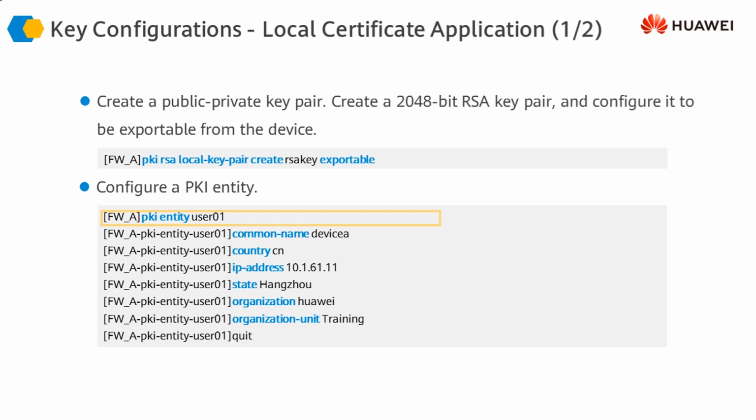We have to give a CN or a common name. The country is China, for example, it can be anything. We give the common name as device A. The IP address which is going to be used is 10.1.61.11. This is the IP address of the interface of the firewall. State, organization unit, we have to configure all these parameters, and this can be anything depending upon your scenario.